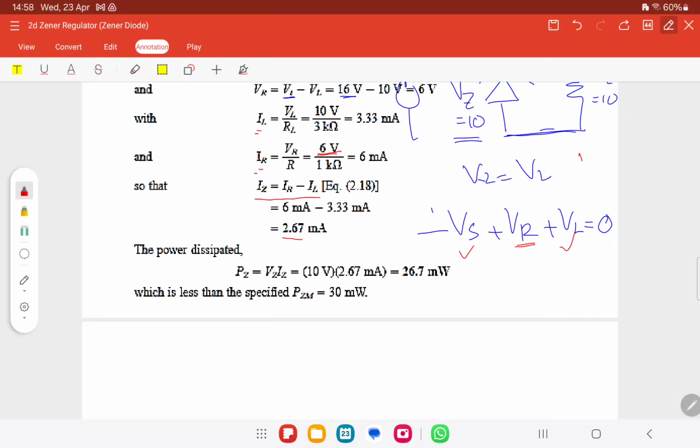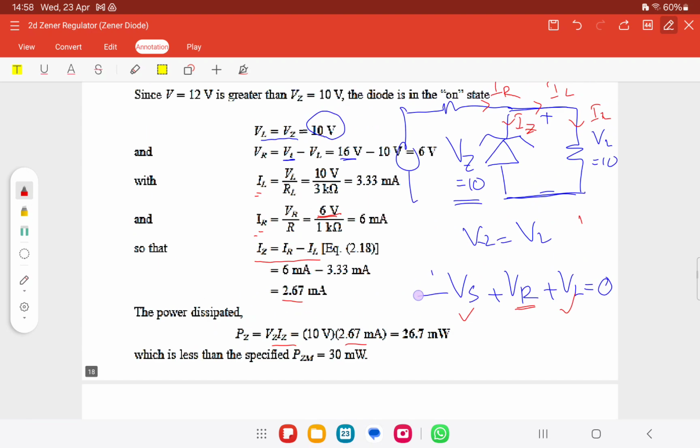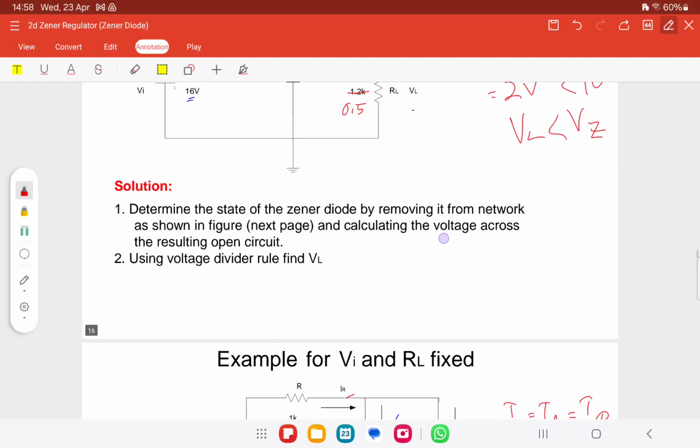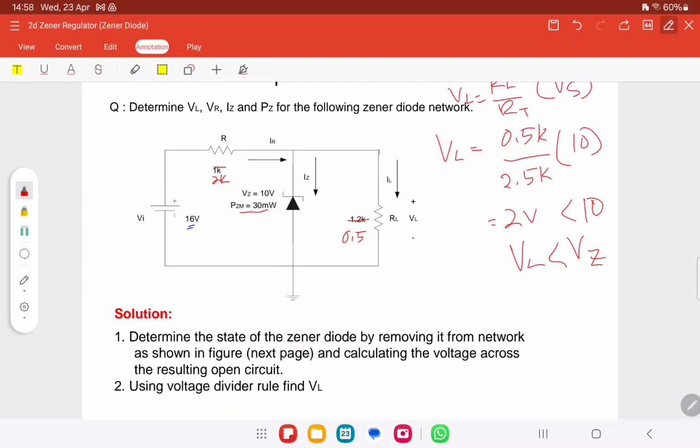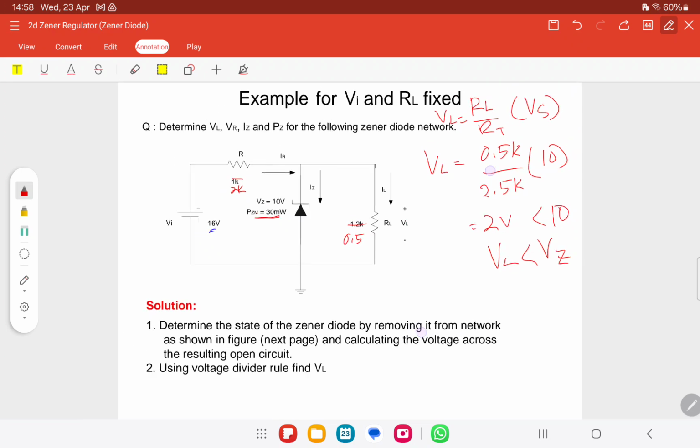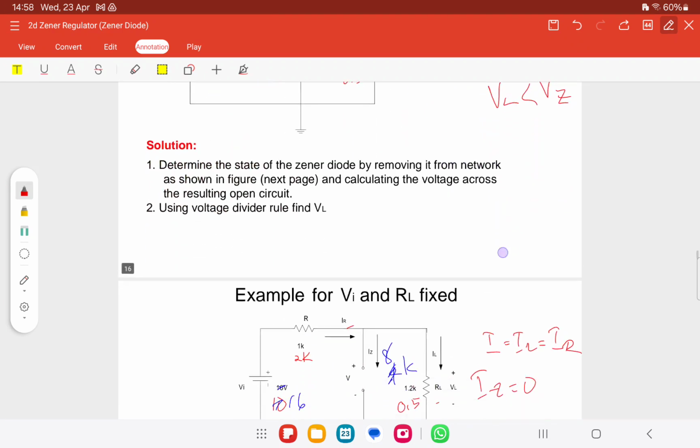And then if the question suruh cari power, then you carilah the power. Sometimes ada juga dia bagi power, dia suruh you cari dia tak suruh cari current, tapi from the power value yang dia bagi, so you can get the current kan. Okay, sometimes kalau dia bagi, dia tulis kat sini. Okay, here contoh this one. Okay, so dia dah bagi in the question, dia bagi the power.